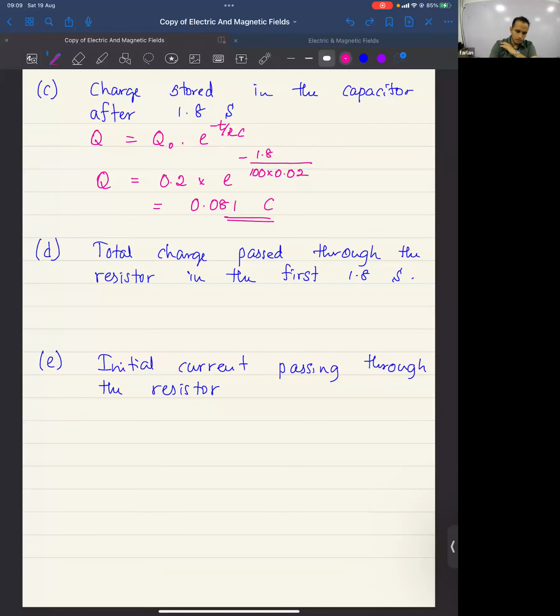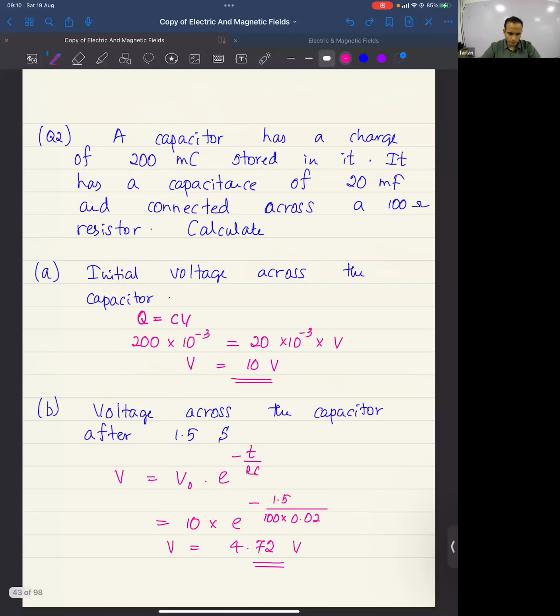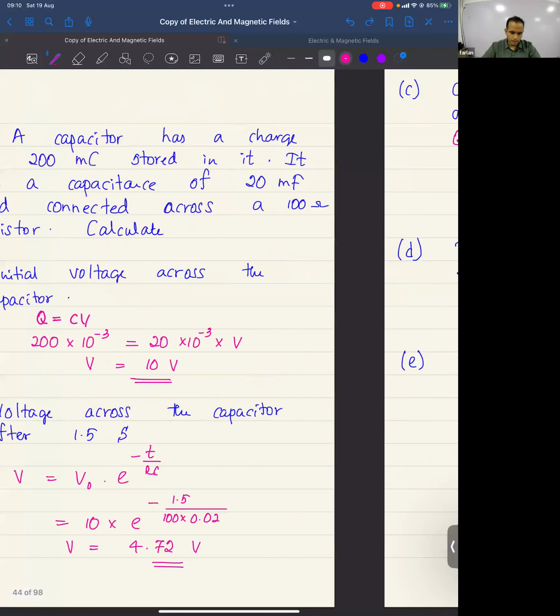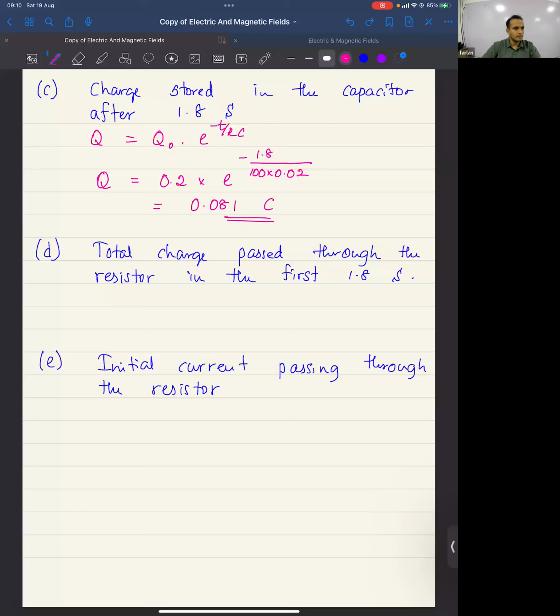The next one, total charge passed through the resistor in the first 1.8 seconds. What is the answer for that? Now here it is, guys. Initially, the capacitor has a charge of 0.2 coulombs.